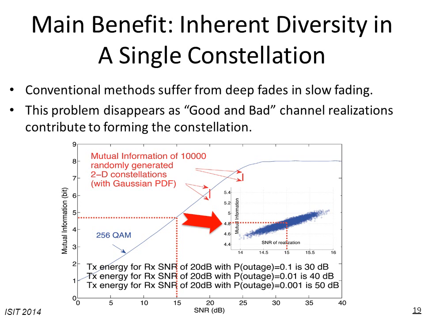Now let's look at the case of a static channel. For a static channel to have a probability of outage of 0.1, we need about 10 dB of over-provisioning of transmit energy versus the 1 dB that we had for media-based. For a probability of outage of 0.01, we need 20 dB.